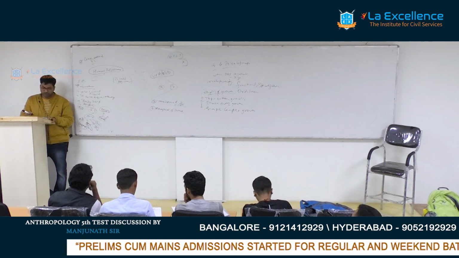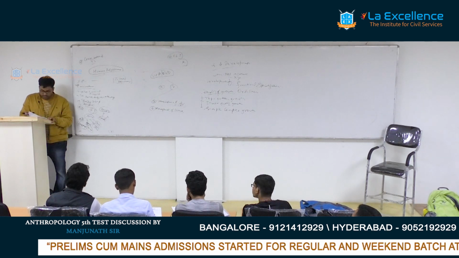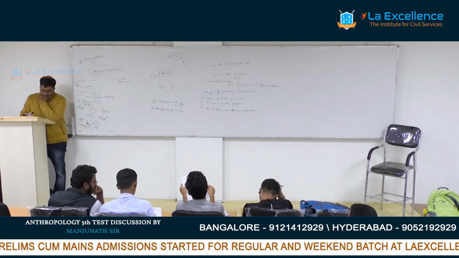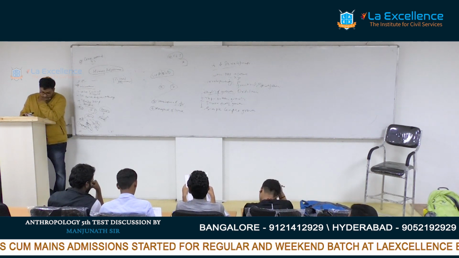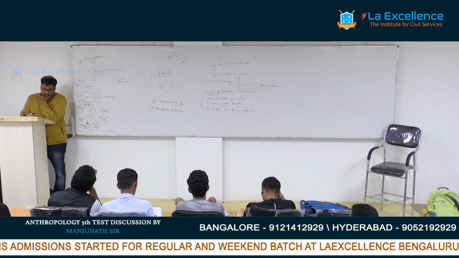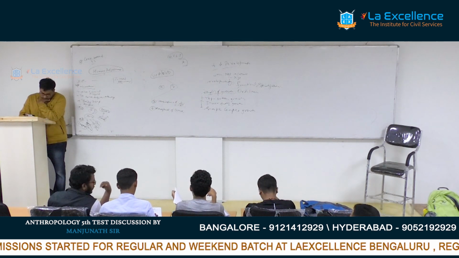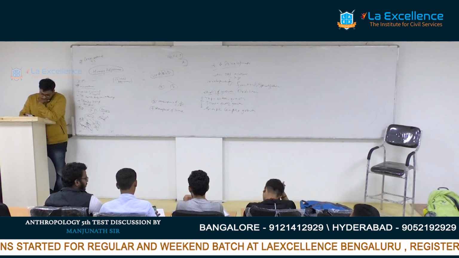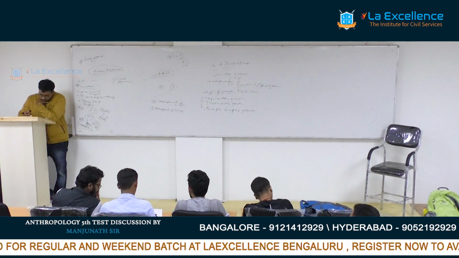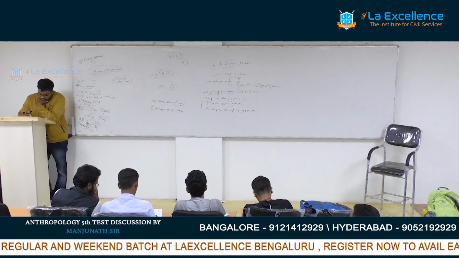So we'll go to question 5A. Anthropometric somatotype: discuss the contribution of Sheldon in somatotyping. In this question, you have to define what is anthropometry and tell its uses. Then somatotyping.